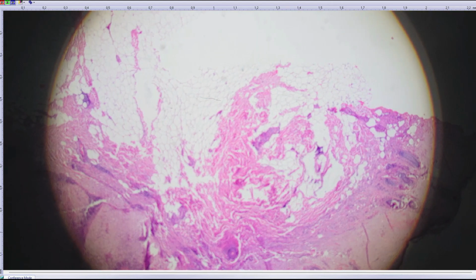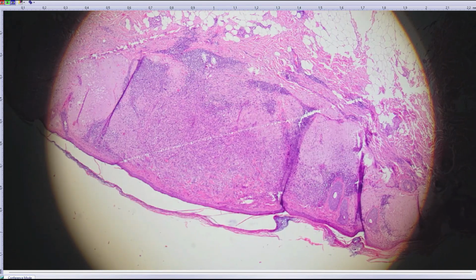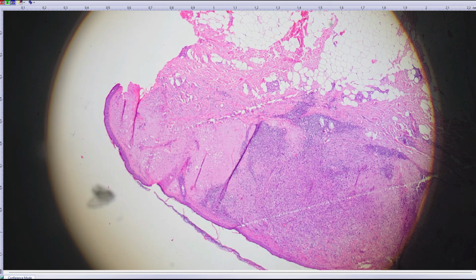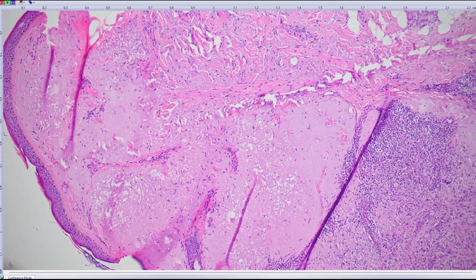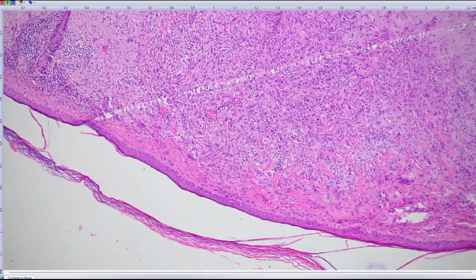Okay, next, a quite common case: an 83-year-old lady with a tumor on her face, a skin lesion. You can see the skin excision with very prominent solar elastosis, so marked UV damage.